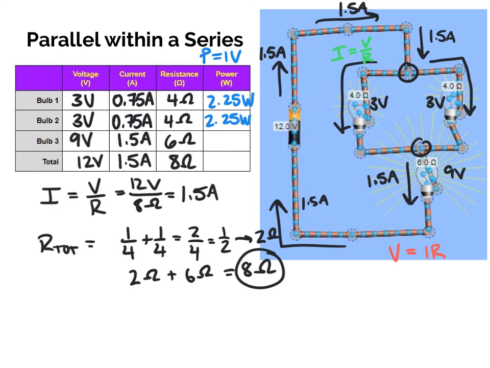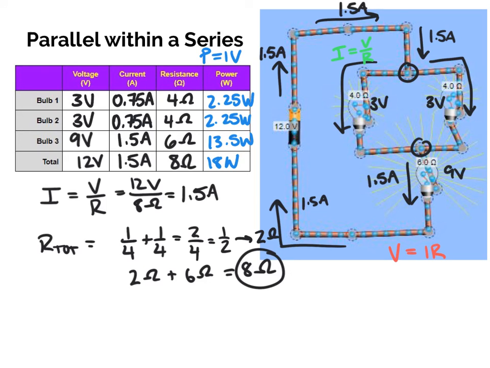And then lastly for bulb 3, if I take here 9 volts times 1.5 amps, that's going to give me 13.5 watts. And then lastly, for the total, if I were to do 12 volts times 1.5 amps, that's going to give me a total of 18 watts.